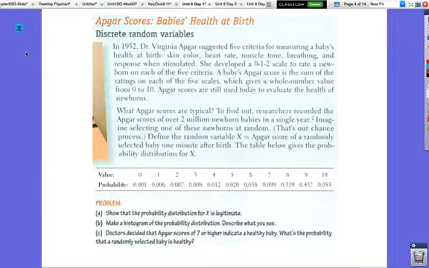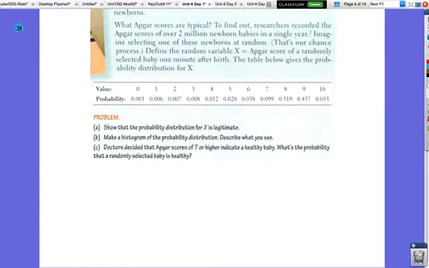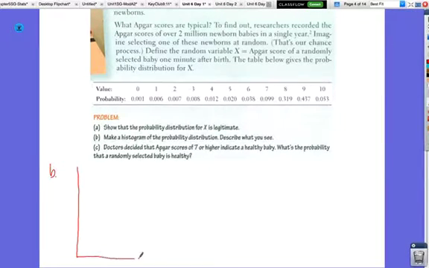B says make a histogram of the probability distribution and describe what you see. So remember that whenever we make a histogram, it looks kind of like a bar chart. On the y-axis, we would have the probabilities.